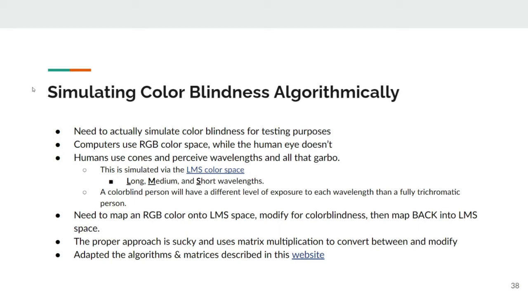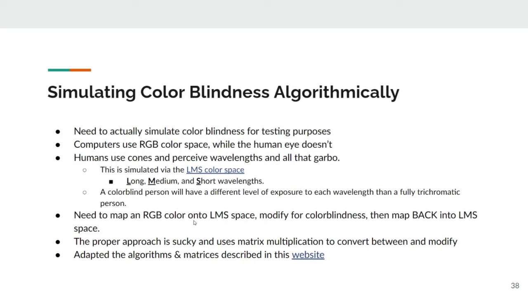So really the process for properly simulating color blindness would be to take the RGB color, map it onto LMS space, change it around to adapt for what a colorblind person might see, and map back into RGB. This should say RGB. Ignore that. And it's annoying because you have to use matrix multiplication to do all this stuff, which C# does not support in the mono compiler.